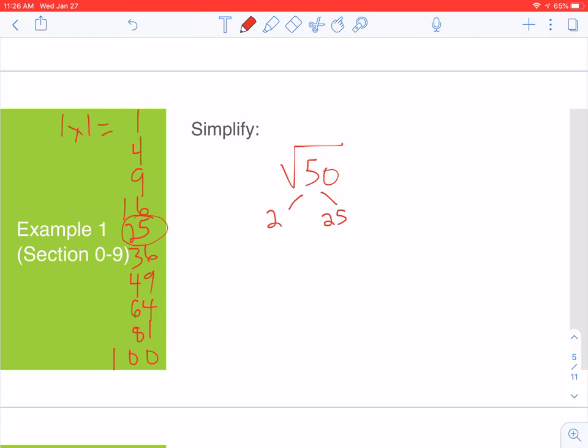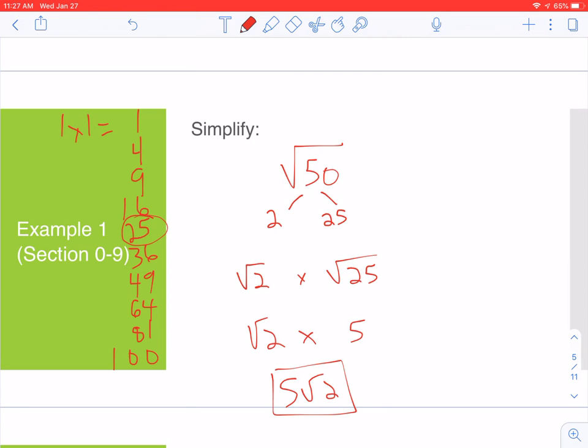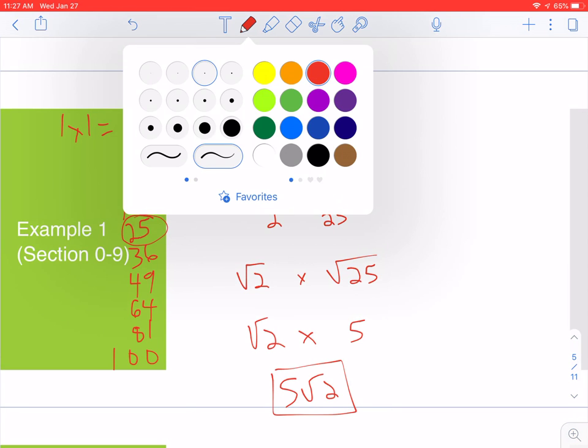So now I can rewrite this as the square root of 2 times the square root of 25. And when I think about the square root of 2, I can't reduce it any farther. The square root of 25 is 5. And so I can rewrite it like that. My final answer really should be written as 5 times root 2.